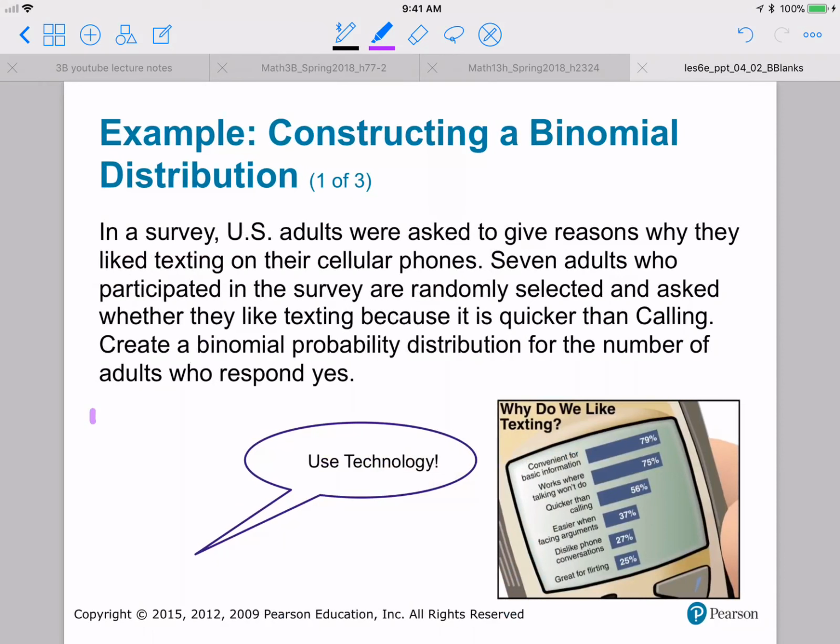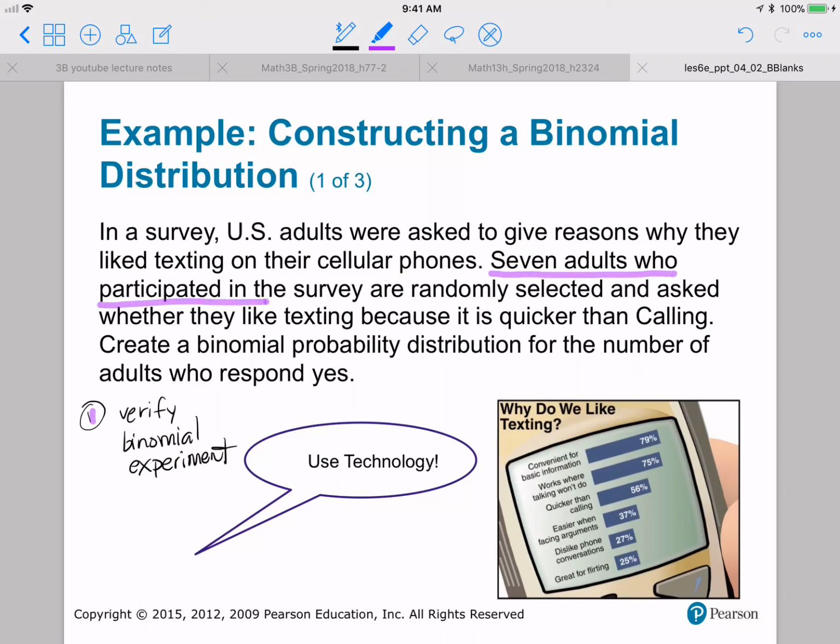So first I want to verify that we have a binomial experiment. Now we need to have a fixed number of trials that are independent of each other. What are the fixed number of trials? What is a trial? It looks like our trial is explained right here.